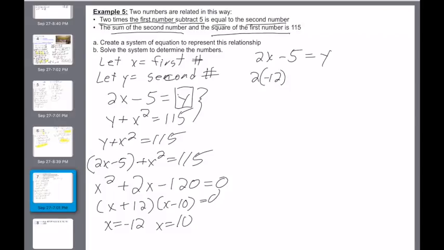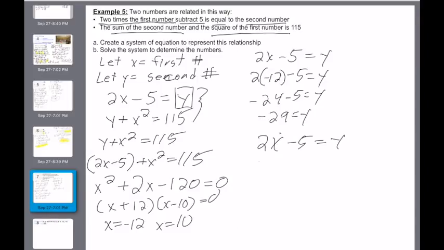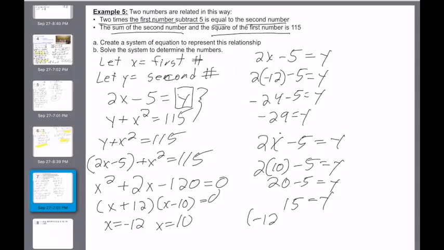Plug in negative 12, and we get negative 29 equals y. And then for our other one, we plug in our x equal to 10. So our solutions are negative 12, negative 29, and 10, 15.